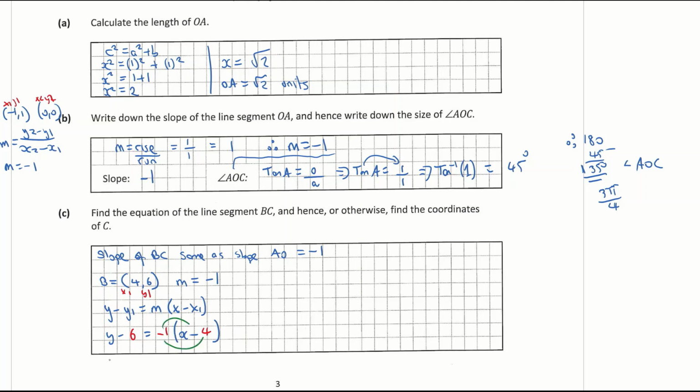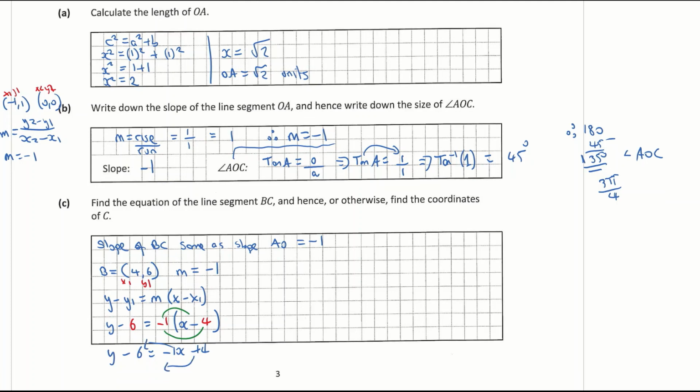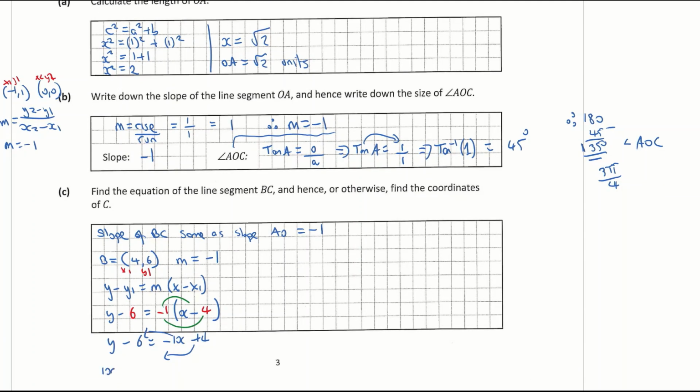I get y minus 6 is equal to -1x plus 4. Moving everything to the left-hand side, that leaves me with x plus y minus 6 minus 4 equal to 0. So the equation of the line is x plus y minus 10 is equal to 0.